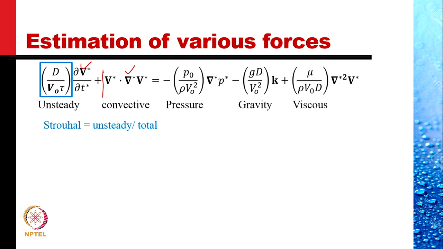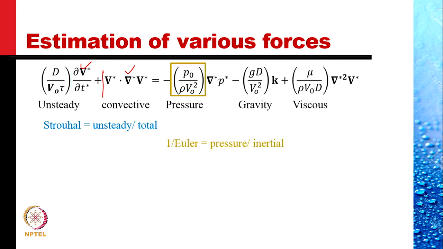So d by V naught tau can be interpreted as the ratio of the unsteady acceleration term divided by the convective acceleration term in this equation, where the coefficient of the convective acceleration is 1.